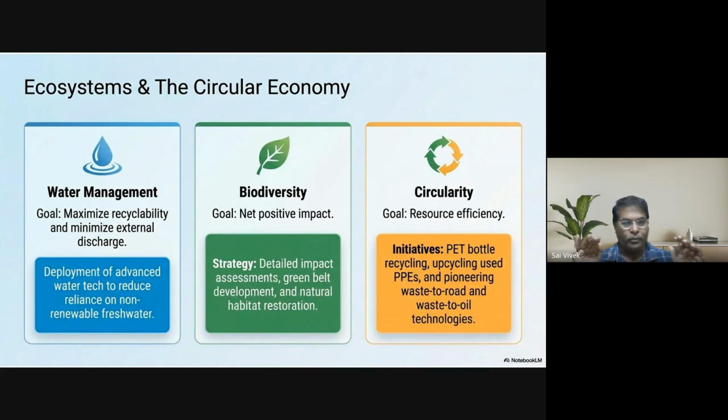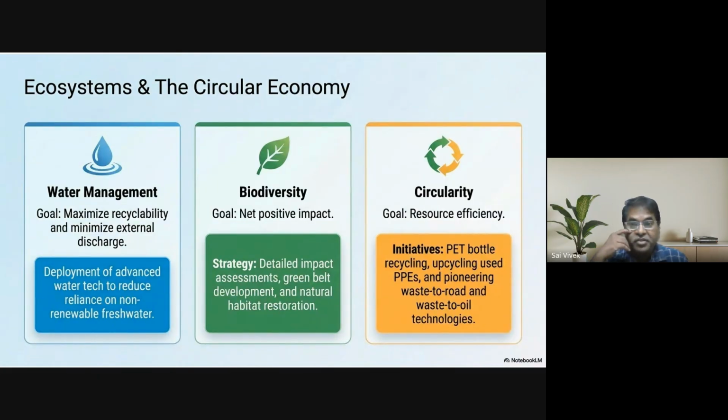We call that net zero. Whereas net positive here means removing more than what is being produced, whether greenhouse gases, GHGs, or pollution. So removing more pollution from the atmosphere and the globe than what is being produced by this company results in net positivity. So that is the goal of RIL.